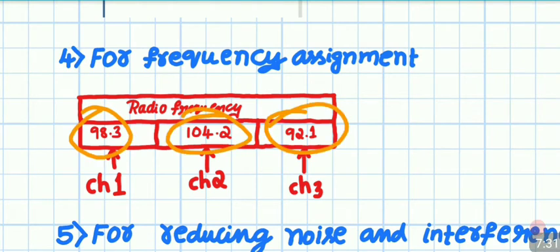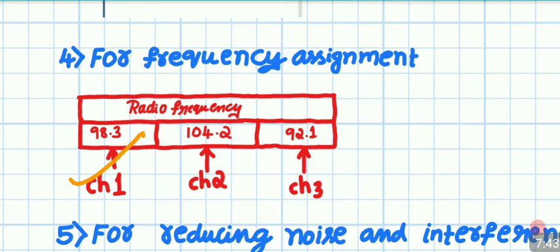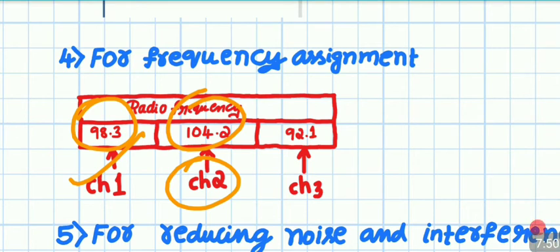Such frequencies can be assigned to channel 1, channel 2 and channel 3 for simplicity, so that it becomes easy for us to listen to channel 1 at a particular frequency, channel 2 at another particular frequency, and channel 3 at another particular frequency. So this is why frequency assignment becomes easy.